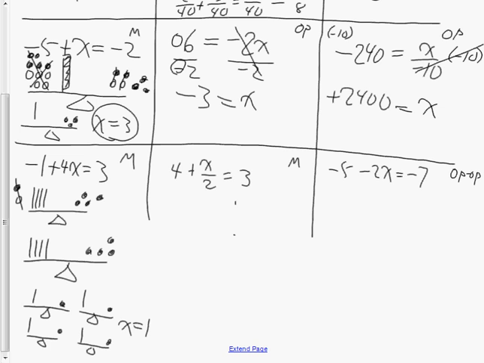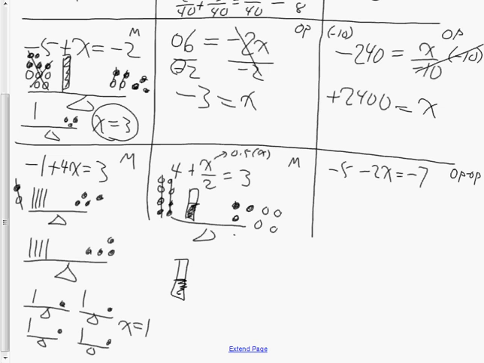In my next one, it says model it, so I'm going to draw my scale. 4 and half of x. This is not all of x. It says actually half of x. Another way I could write that is 0.5 multiplied by x, or half of x. But we're just going to model it with half an x tile, and then positive 3. In order to get rid of this, I'm going to add negative 4 to both sides, creating 0 pairs here.